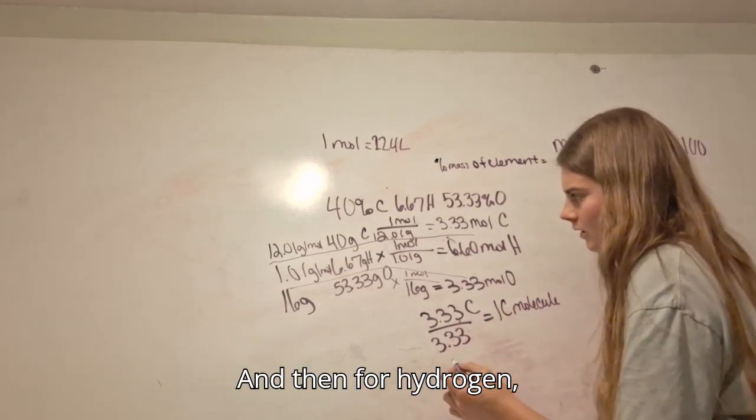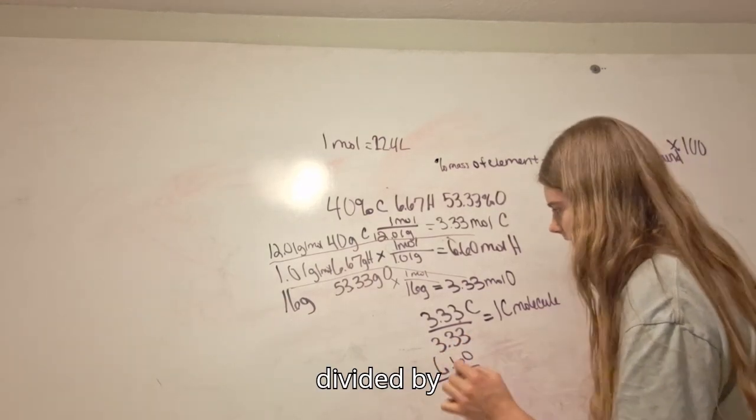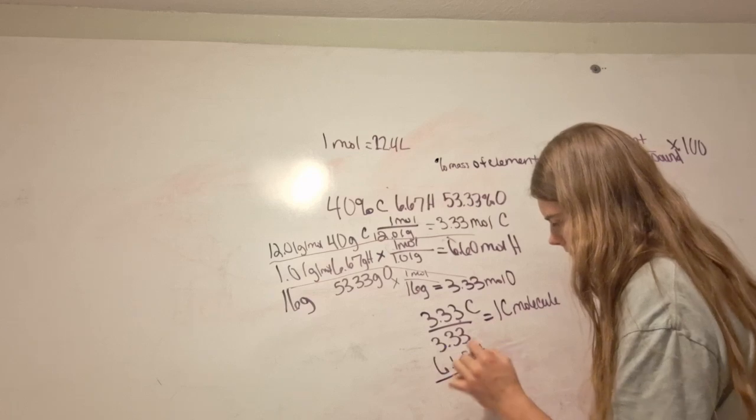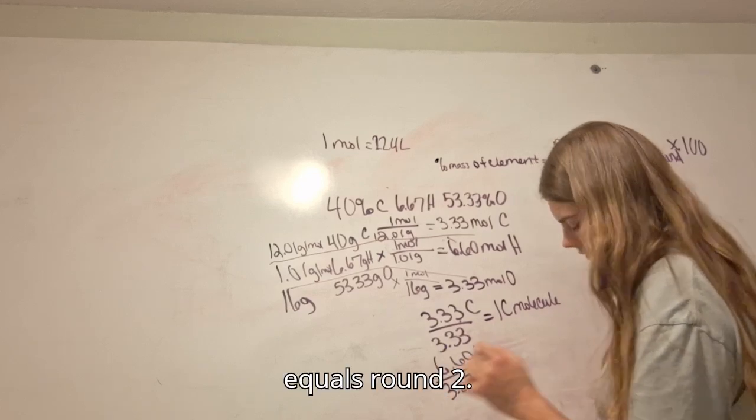And then for hydrogen, 6.6 divided by 3.33 equals, rounded, 2.